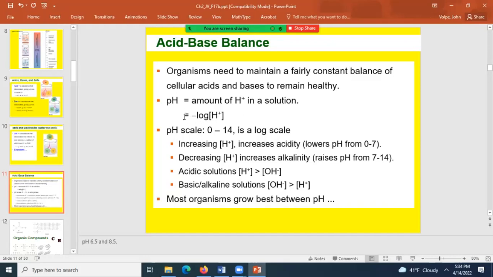I'm not going to ask you about that. And I've already said the pH scale is between 0 and 14. Between 0 and 7, we call it an acid, not 7, between 0 and 7. And then between 7 and 14, we call it a base or an alkaline.